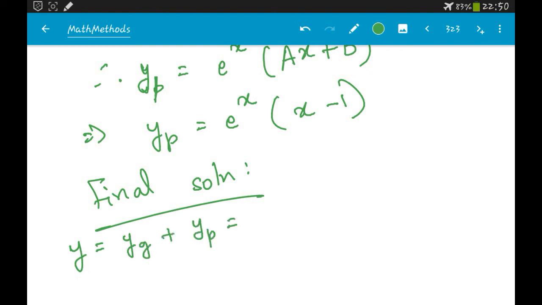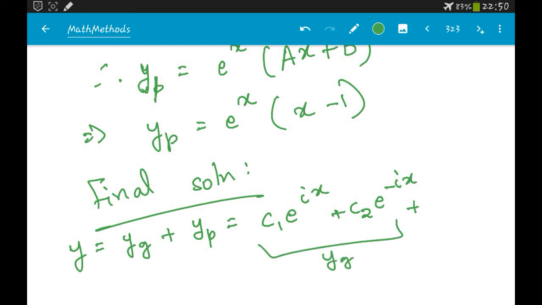What was yg? It was c1 e power ix plus c2 e power minus ix, so this is your yg, and then plus e power x into x minus 1. This is your yp. Okay, so this is how you do the problems.